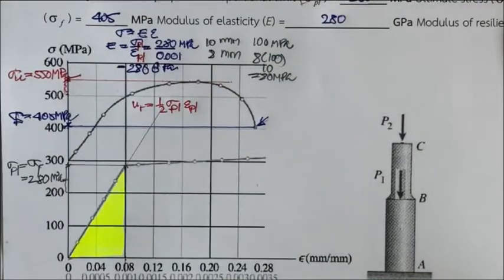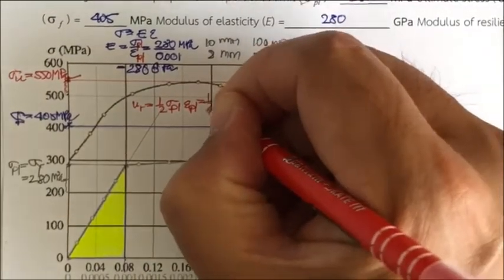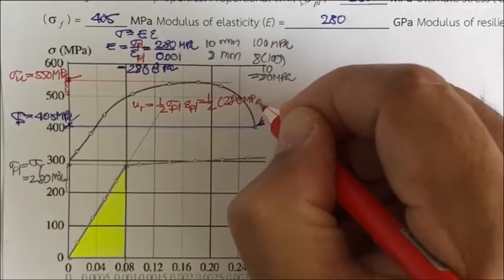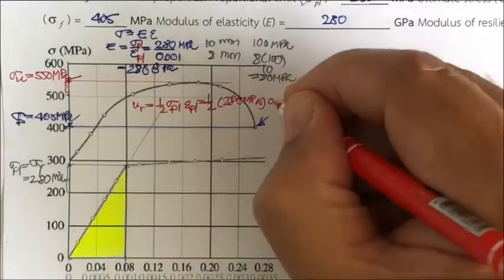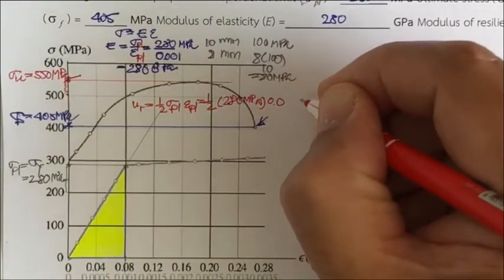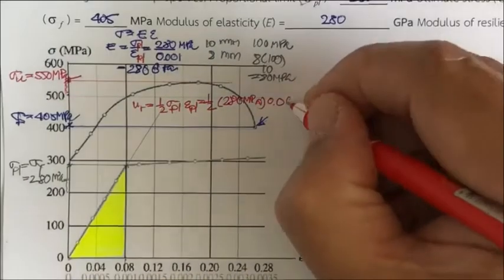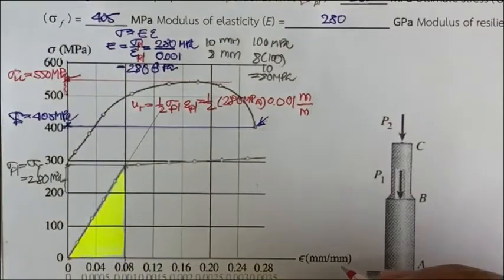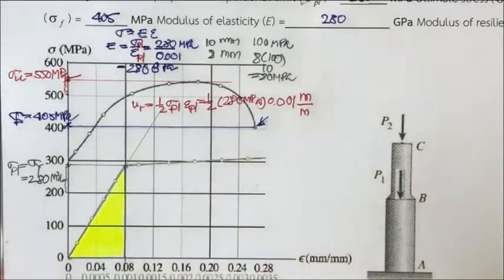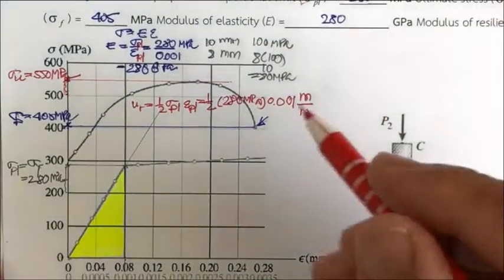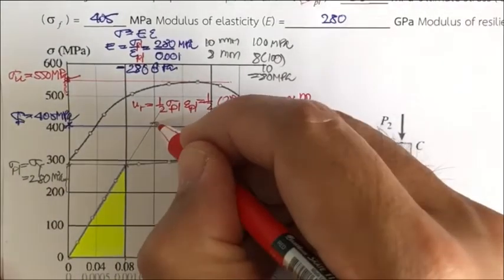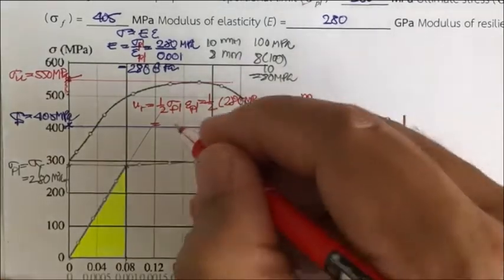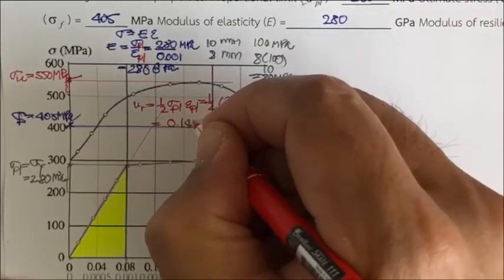If you put everything together, this is going to be 1/2 of 280 megapascal times 0.001 meter per meter, the same thing as millimeter per millimeter. You can change it. Then you get 140 times 0.001, that is going to be 0.140.